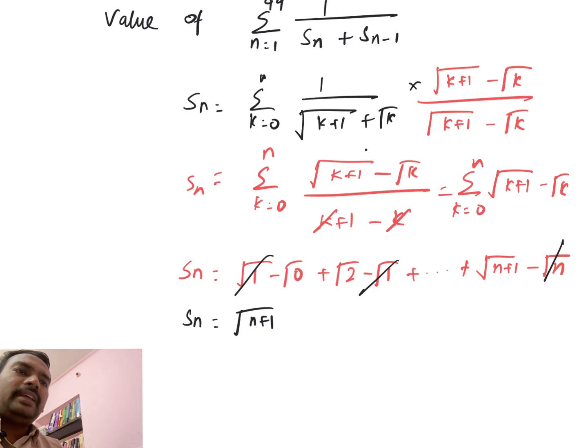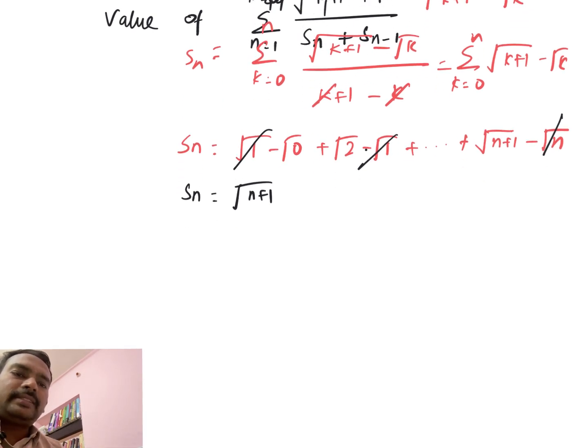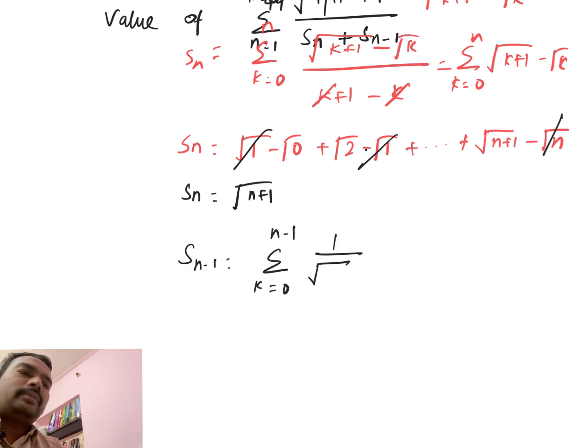Okay, so the next step is that you have to calculate Sn minus 1. With the same idea, k equals 0 to n minus 1 of 1 by square root of k plus 1 plus square root of k.